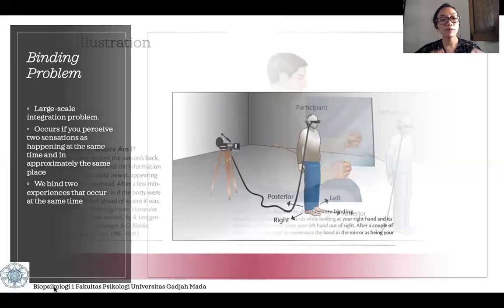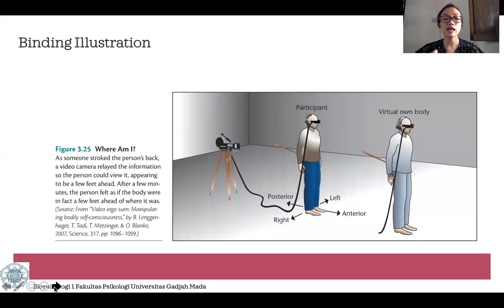All right. Applying these principles, researchers arranged a camera to video someone's back and simultaneously send the picture to a 3-dimensional display mounted to the person's head. As you can see in this figure, imagine that you are the participant as you view the video of your back. It appears to be 2 meters in front of you.